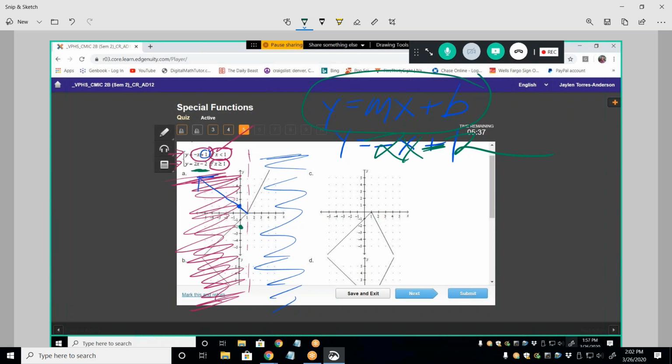What's the slope? Remember, it's only the coefficient. There's no negative sign. Notice. I mean, I can see why you said that because it looks like that's a negative, but that's an equal sign there. So the slope is positive 2.